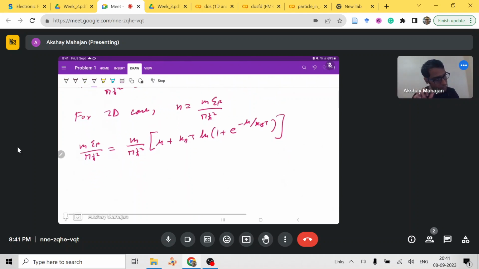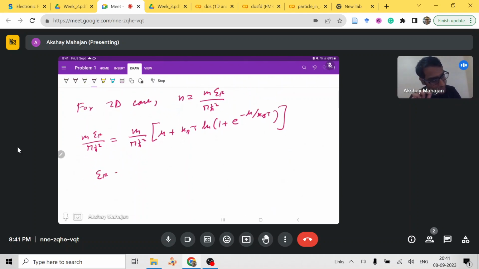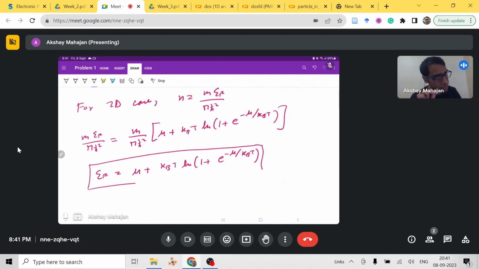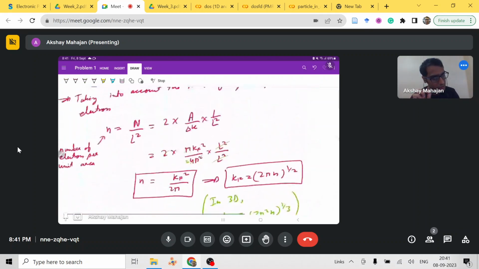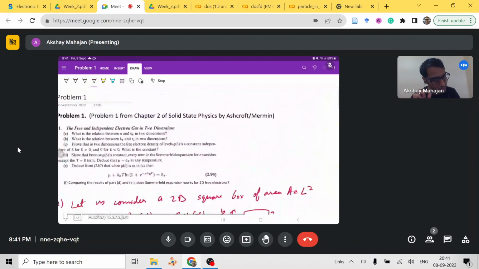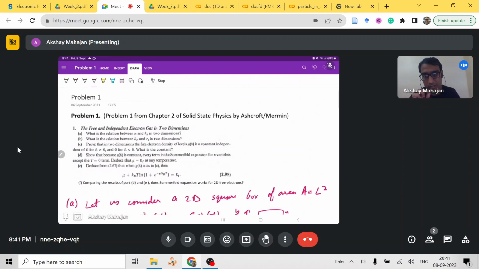Alright, so we will have epsilon_F given by mu plus kbT ln of 1 plus e to the power minus mu upon kbT. And this you can check, this is what the question has asked: mu plus kbT ln of 1 plus e to the power minus mu by kbT in part E. This is what has been asked.